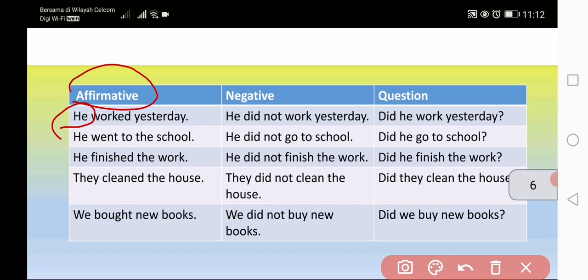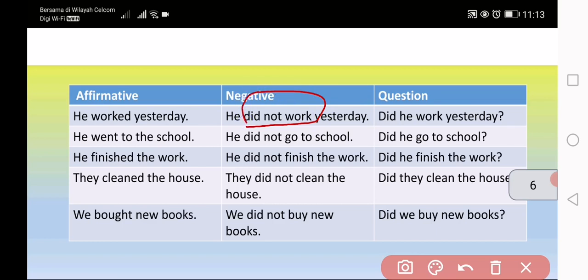So if I want to change to negative, like I always remind you, the most important feature is you just add not. Okay, tengok ni, dia berubah jadi apa? He did not work yesterday.